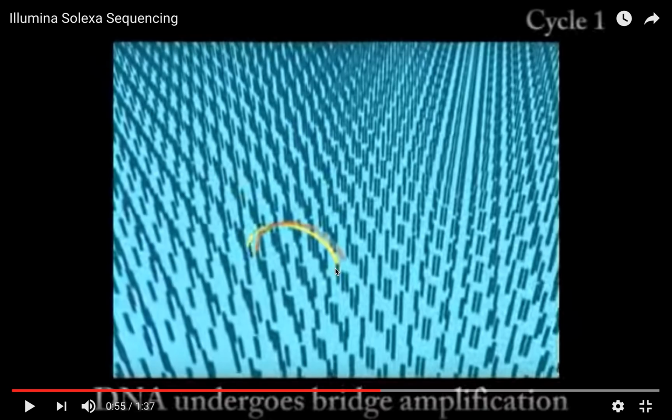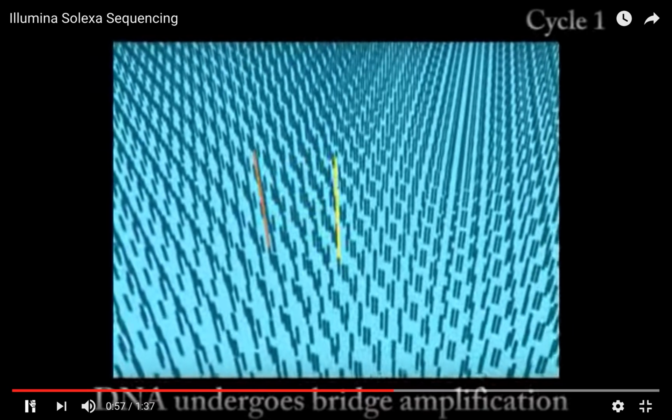What these adapters on the slide are doing is keeping everything local, so that we build up a team of a bunch of different DNAs that are all identical to each other. So now, when an A gets added to every single strand, every single one of them will be emitting a little bit of green light. It's kind of like we're building up our local cheerleading squad so that they can all scream A together, and then C.